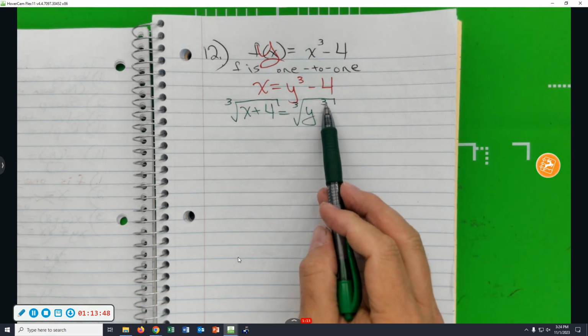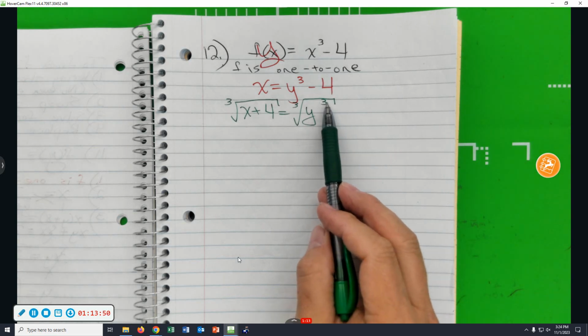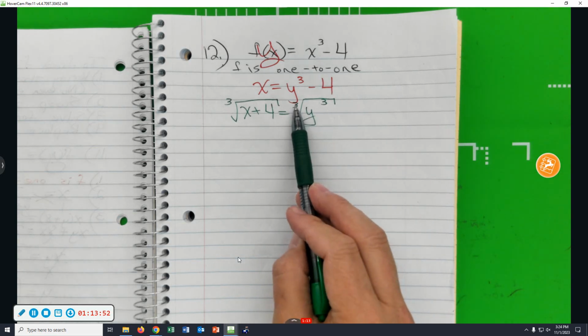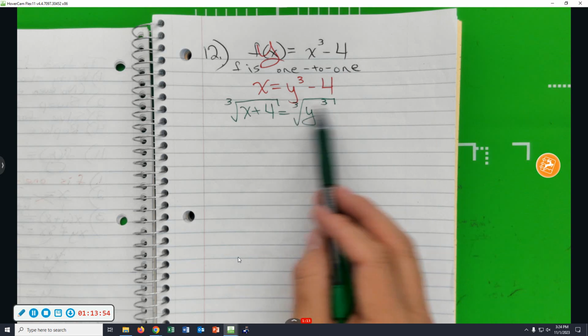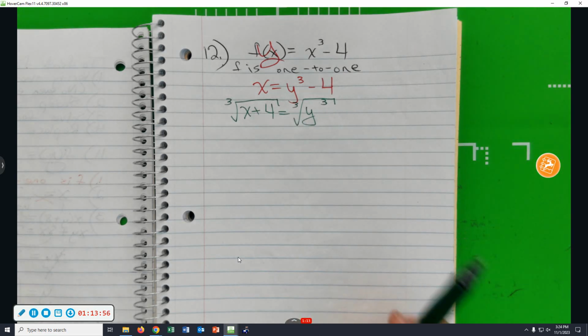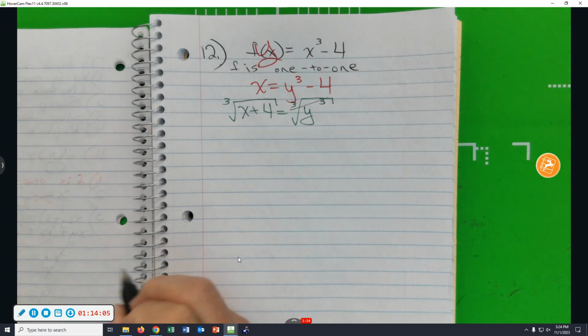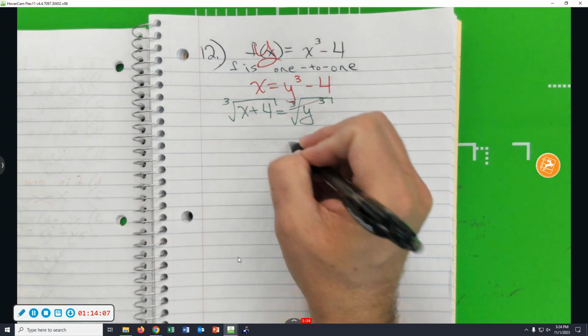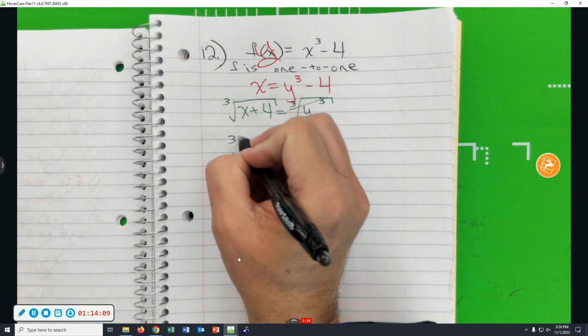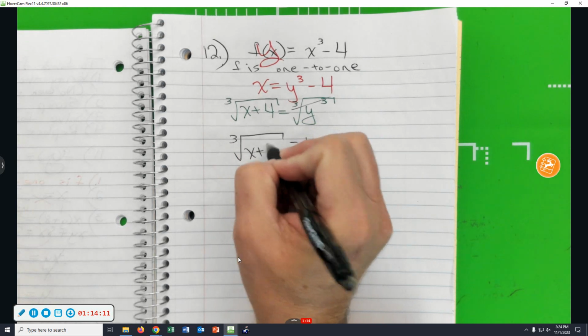When you perform the cube and the cube root consecutively in either order, they cancel each other out. That's the definition of an inverse function, leaving you just y equals the cube root of x plus 4.